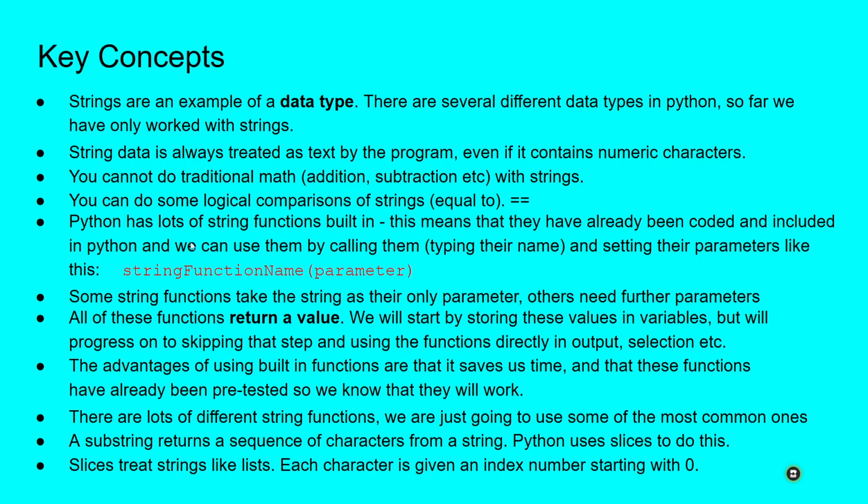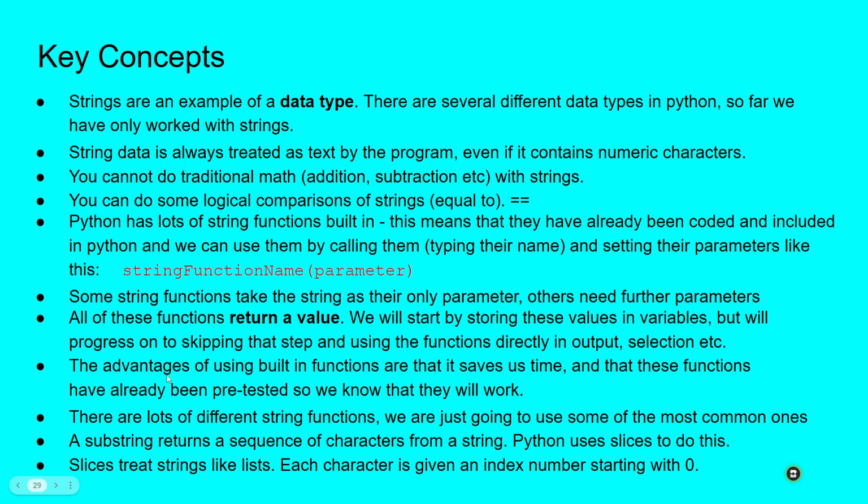Now, once we do that, we started applying our functions so that we can then search for or identify specific components of our string. Some functions take their prior string as a single parameter and then return the actual value.